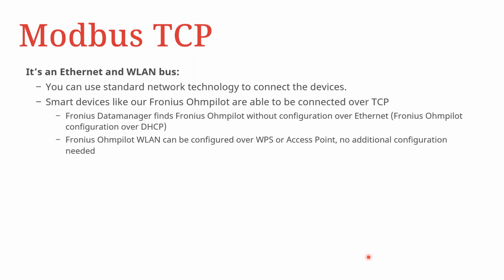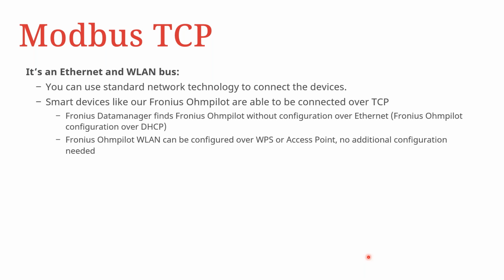So for the Modbus TCP, this is an Ethernet or wireless LAN bus. This is basically standard network technology to connect the devices. That's what it implements. And smart devices like Fronius Ohmpilot can be connected over this particular bus. So Fronius Data Manager easily finds a Fronius Ohmpilot without configuration over the internet.